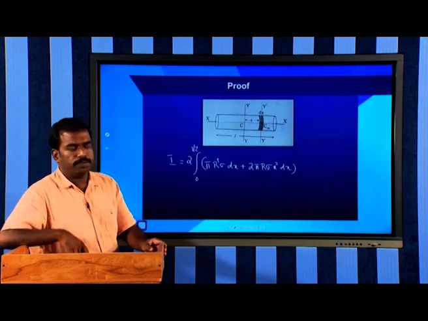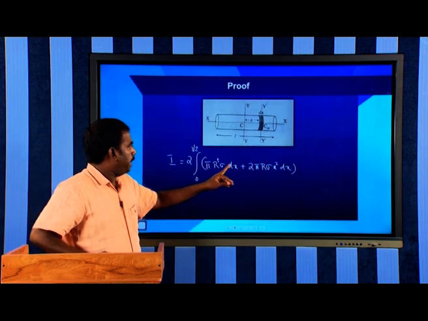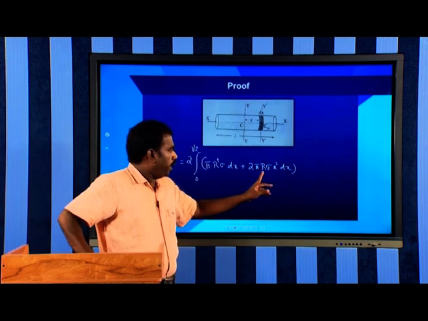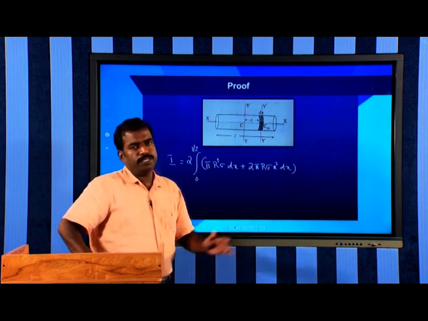Term by term integrate. So, it is 2 pi r cube sigma x within limits 0 to L by 2, and 2 pi r sigma x cube by 3 within limits 0 to L by 2.